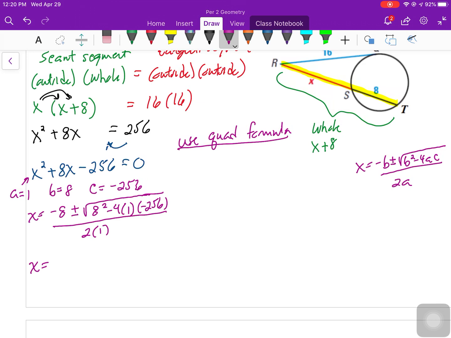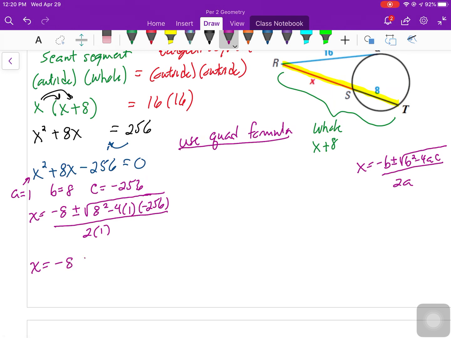So I have x equals negative 8 plus or minus the square root, and beneath that square root sign I have 1,088, all divided by 2 times 1, which is 2.